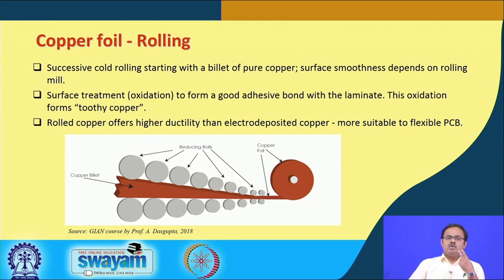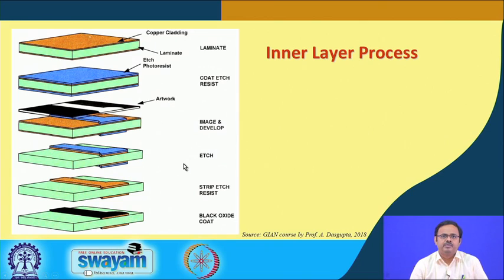All right. So, we talked about two methods of getting this copper foil. The one is through electrodeposition and the other is through cold rolling, as we see here. And then once we have the laminate and we have the copper foil, we can have the copper clad laminate, a picture of which we saw 2 slides back, and which we said was a base material for the fabrication of the circuit board. So, remember when we saw this first one, this CCL copper clad laminate, what did we say?